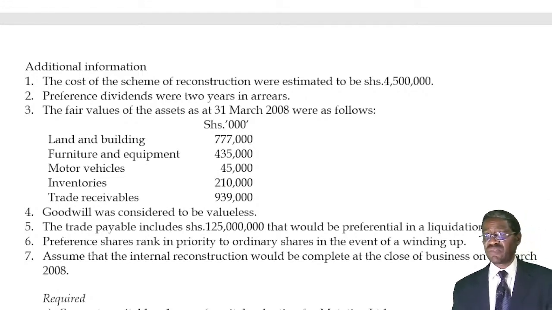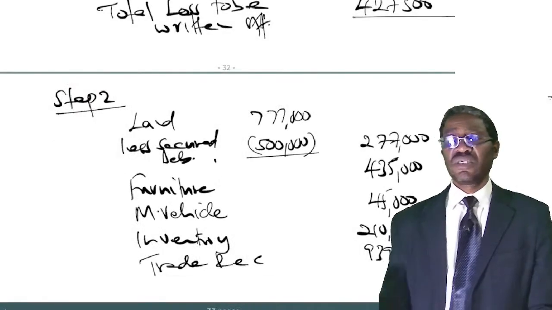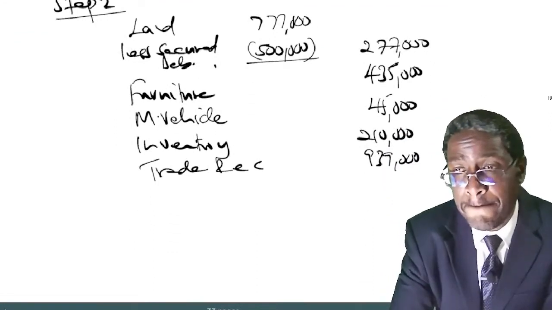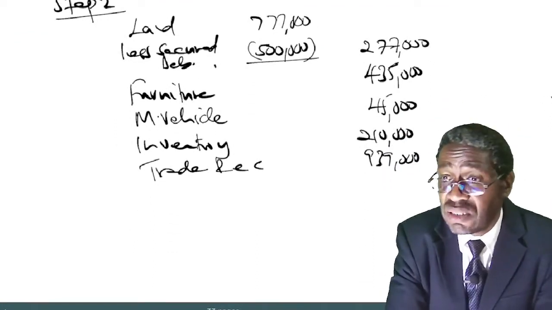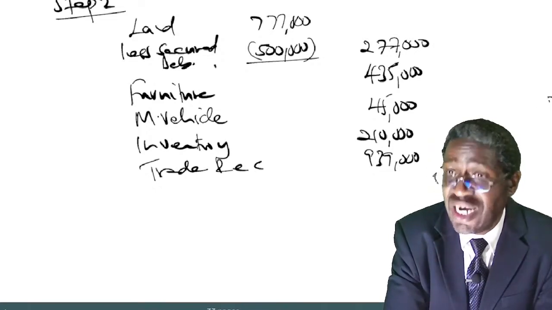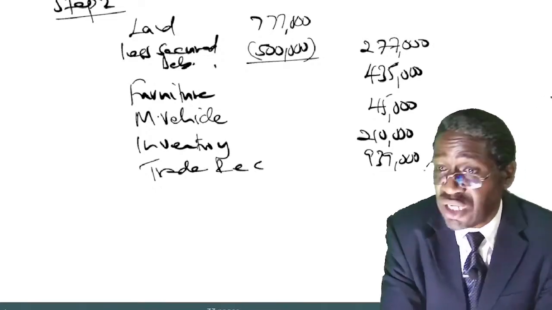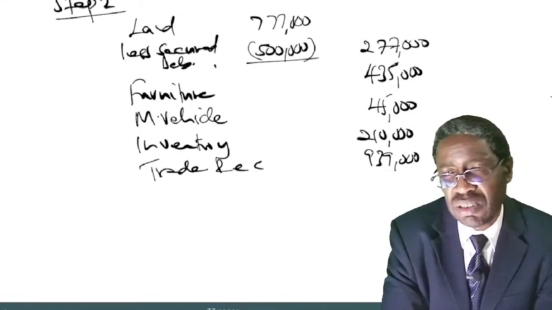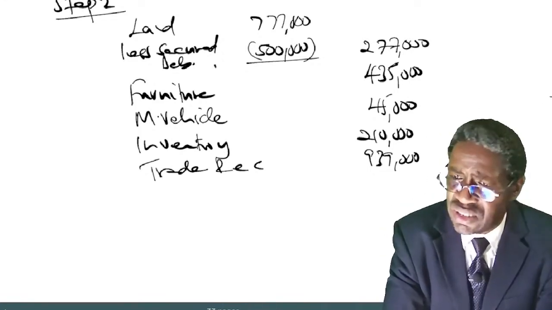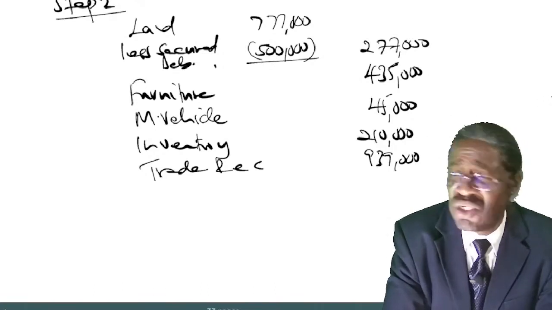Good. Now let me explain something again. Those are the assets from note number 3. Listen. Then you go back to the balance sheet and check. What about cash? We don't sell cash or bank. So if there is an asset of cash and bank, we just add it directly, because you can't sell it. You just realize it.